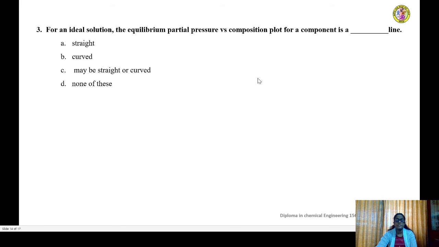So these are the options for the question. It is a straight line when you plot the partial pressure of a component versus the mole fraction.